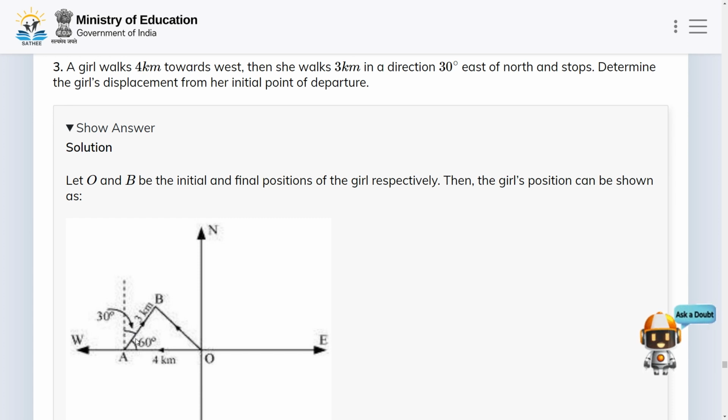This means the angle OAB will be your 60 degrees. After walking 3 km in a direction 30 degrees east of north, she stops; the stopping point is B. So angle OAB will be 60 degrees. Clear? Now you have to find the OB vector and then its magnitude.